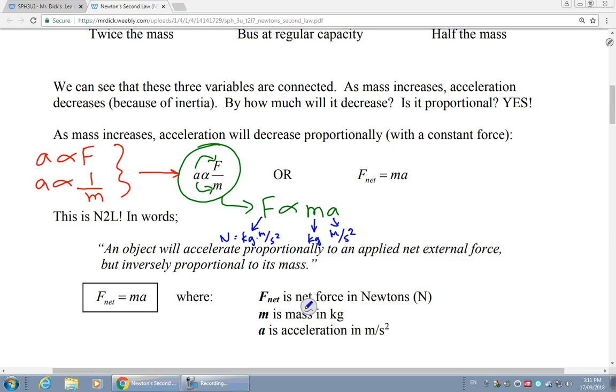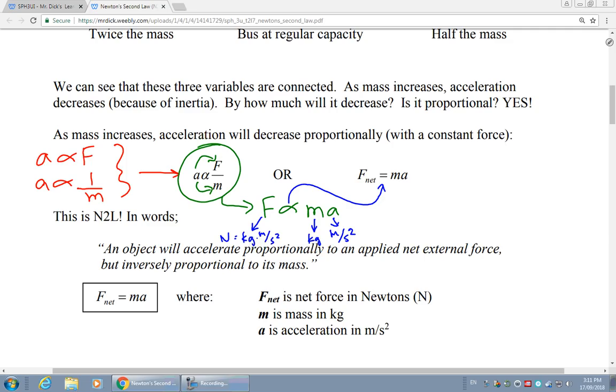So not only are those variables proportional to one another, their units are actually identical as well. And so they end up equaling the same thing on both sides. And so we can actually go from this proportionality statement directly to an equal sign. It's not just that force is proportional to mass times acceleration. We can now say that force is equal to mass times acceleration.